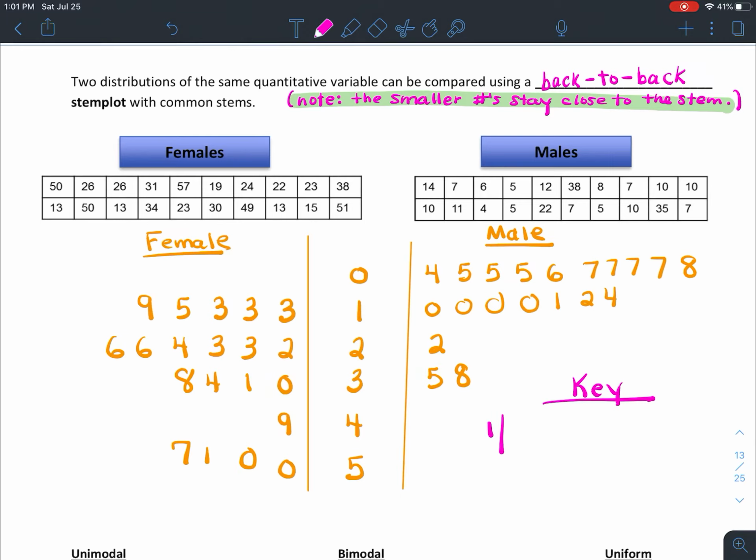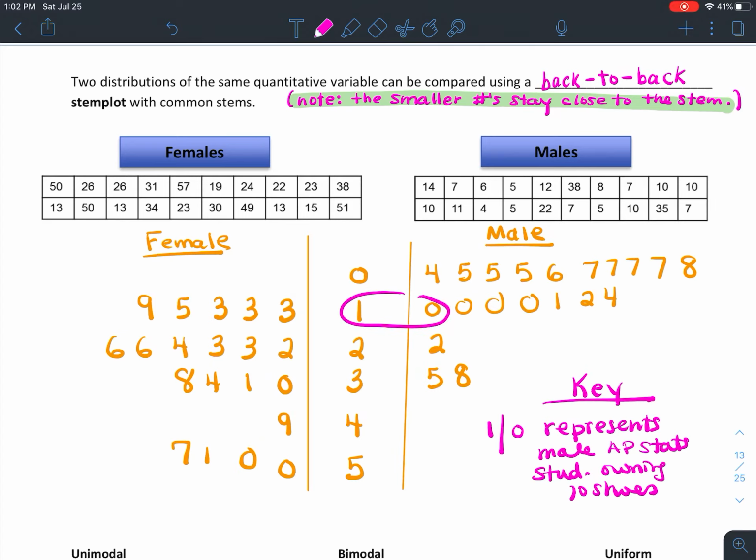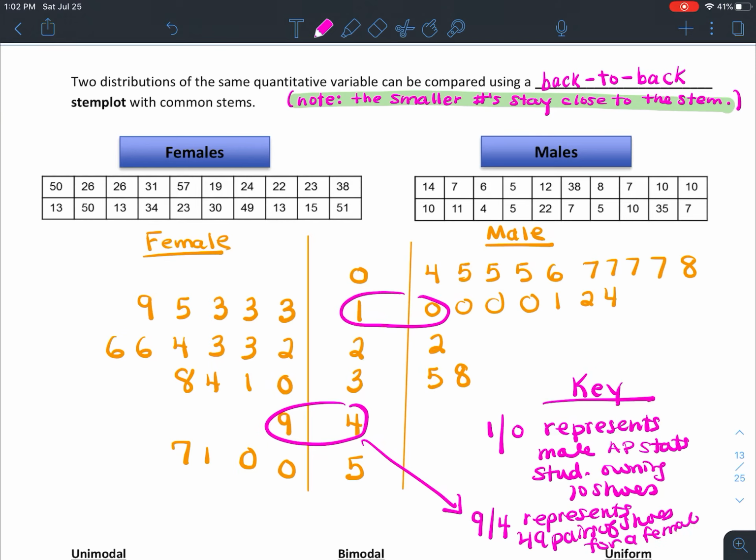But let me go ahead and do 1|0 represents a male AP Stats student owning 10 shoes. Now here's where you've got to be careful. I picked this for the males. When you write this down for the females, you write it how it looks there, but that represents 49 pairs of shoes for a female student.